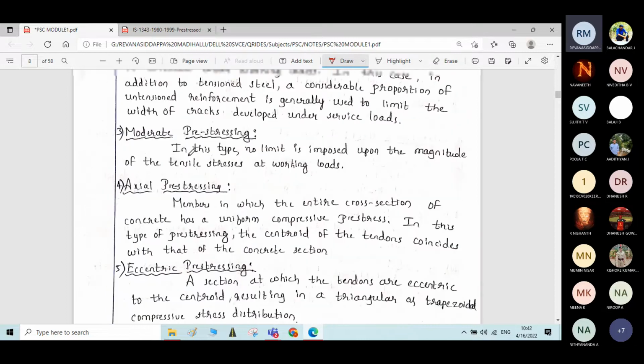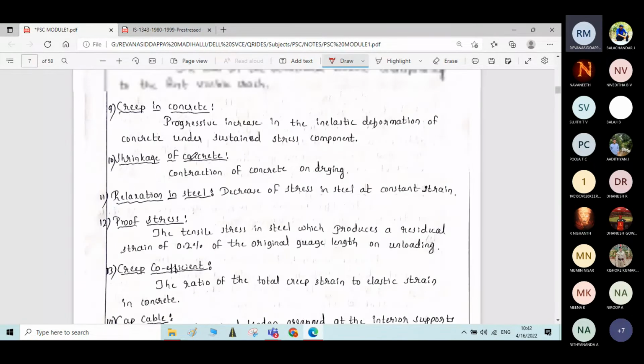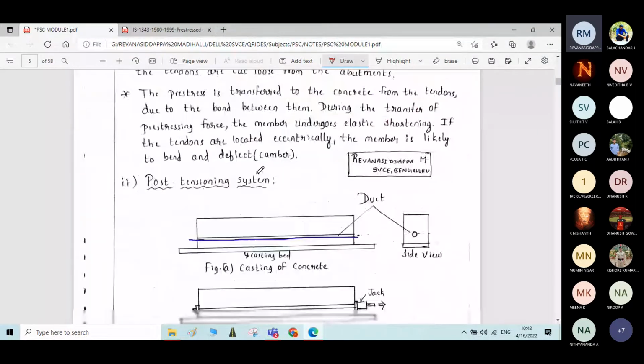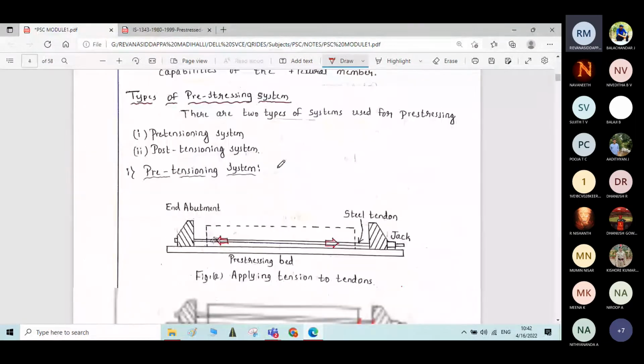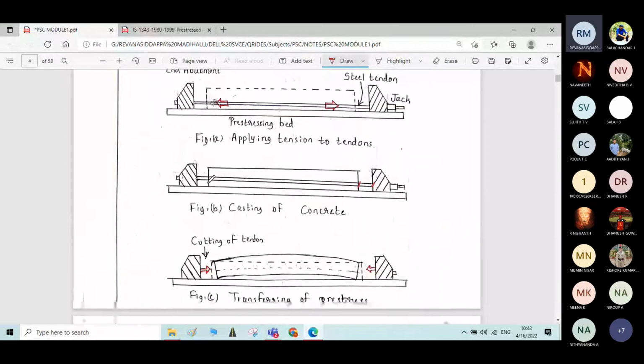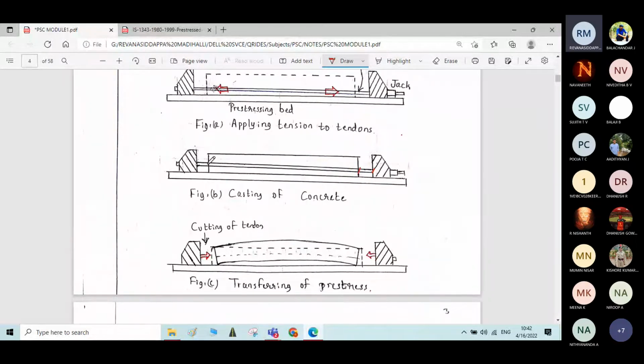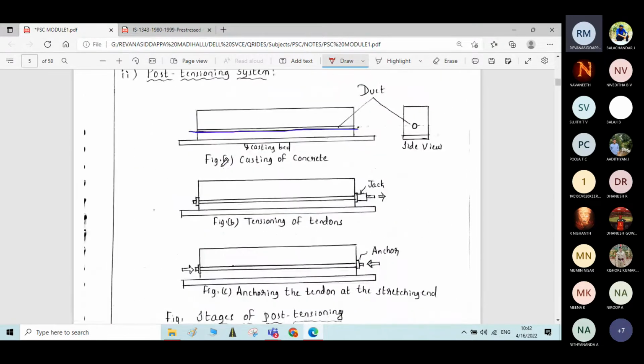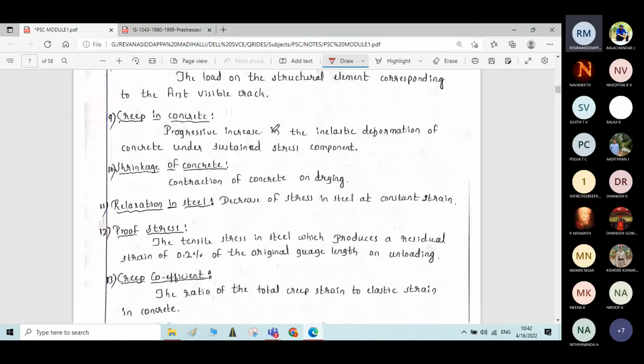If the prestressing is applied through the neutral axis of the member, if the prestressing is introduced into the concrete through the neutral axis, then it is called axial prestressing.